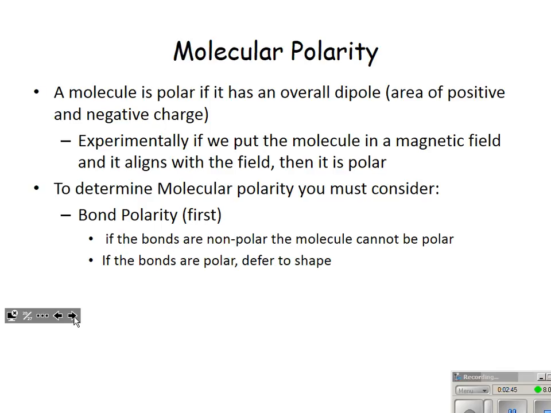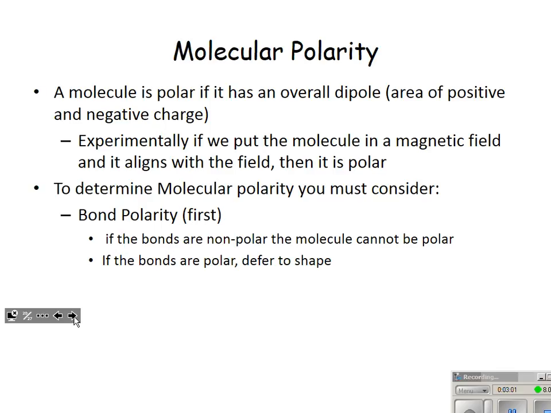So if the bonds are polar, now you have to look at the geometry, because sometimes the geometry of the molecule will allow those dipole moments to kind of cancel each other out. You can kind of think of it as a tug of war.